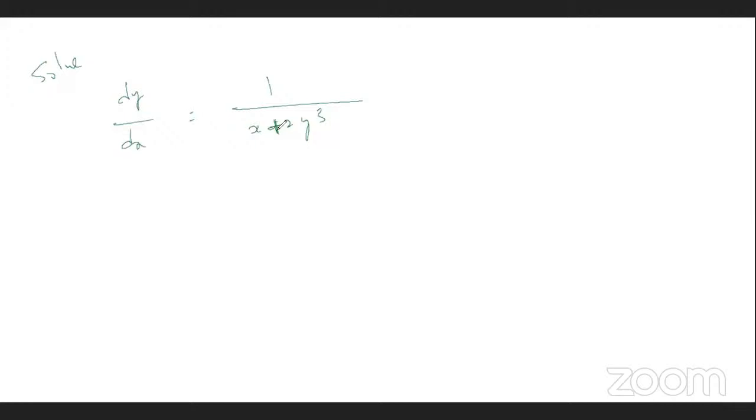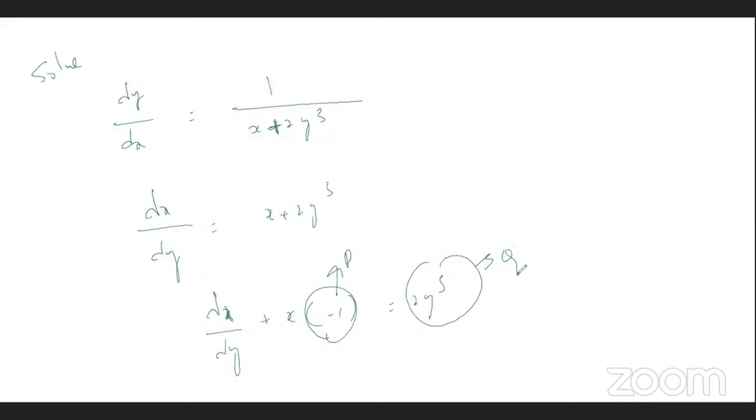What do we do for this question? We can do it as linear in x. Next, how do we transform it? dx by dy plus x into minus 1 equal to y cube. This is my p, this is my q. It's a linear differential equation.